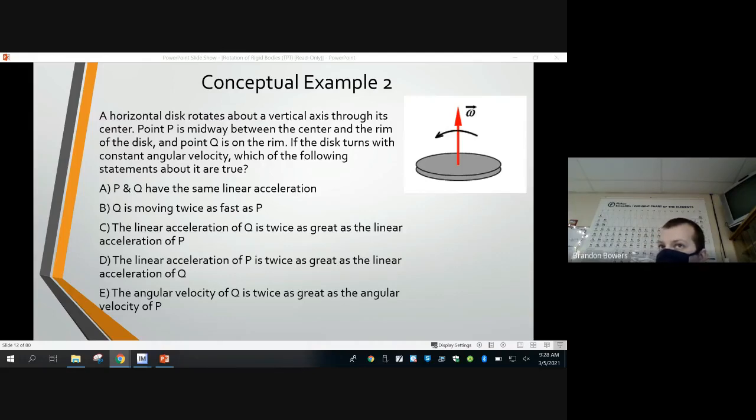You want to take another shot, Taylor? Yeah, I think it's C because I know it's linear acceleration because it's on a flat plane, but I think it's C because the outside is doing more displacement than, oh wait. Is it acceleration?